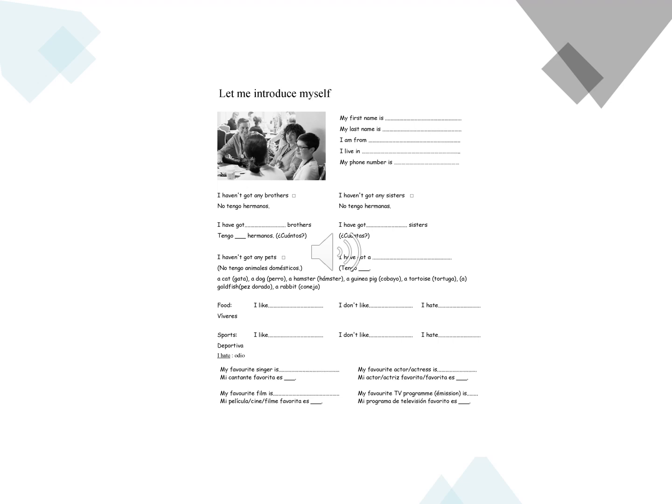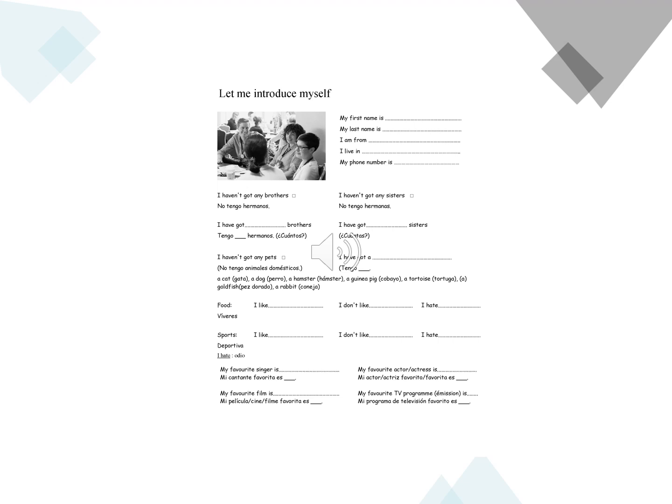People would be interested in, do you have any brothers? How about sisters? Do you have sisters? They would be interested in pets. Do you have pets? I have 4 cats, but I don't have any dogs. What kind of food do you like? Is there some kind of food that you don't like?